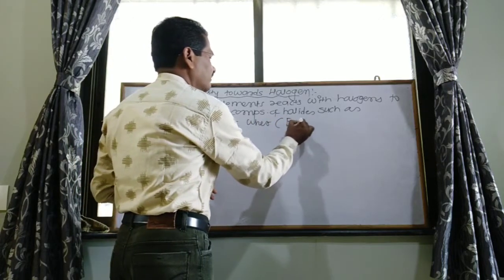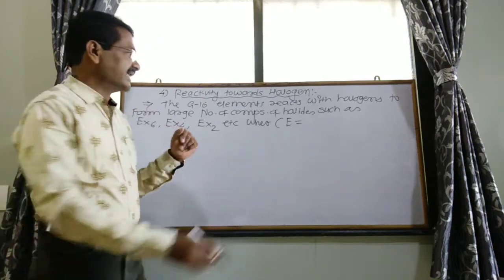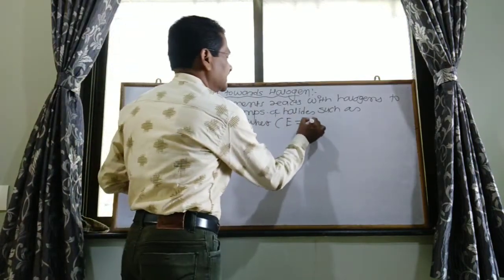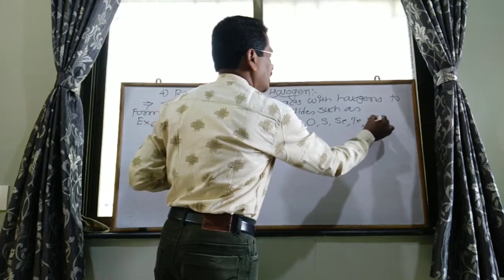E means what? All group 16 elements. Which are the group 16 elements? Oxygen, sulfur, selenium, tellurium and polonium.